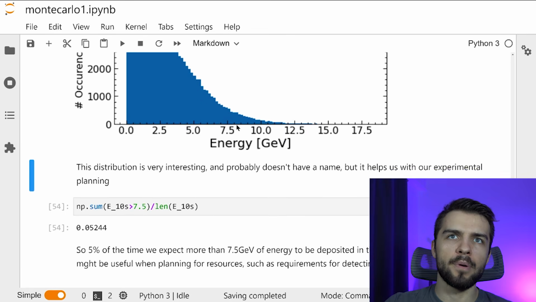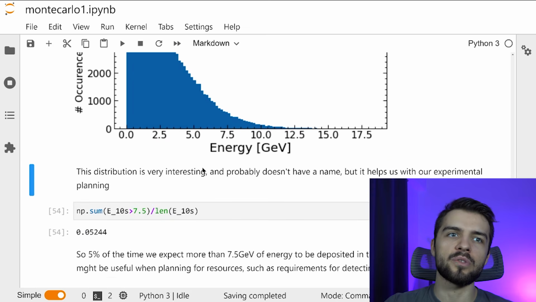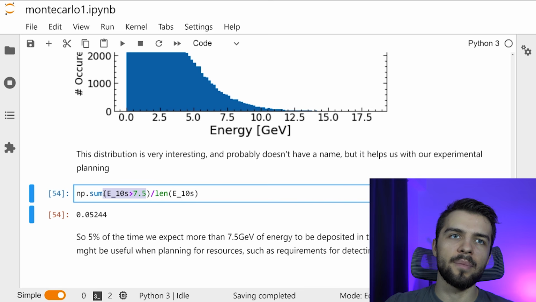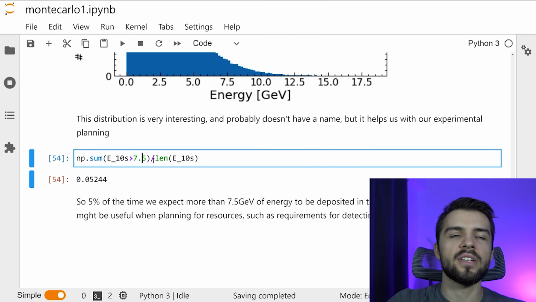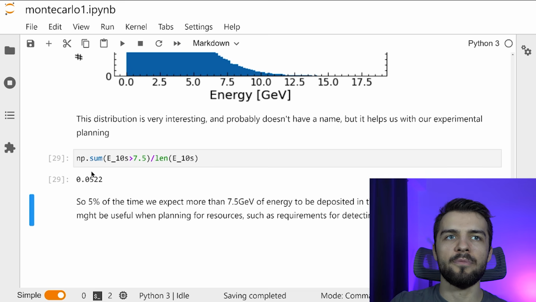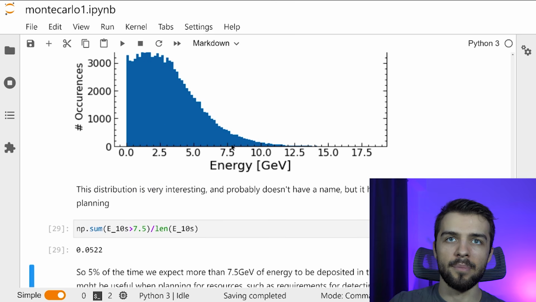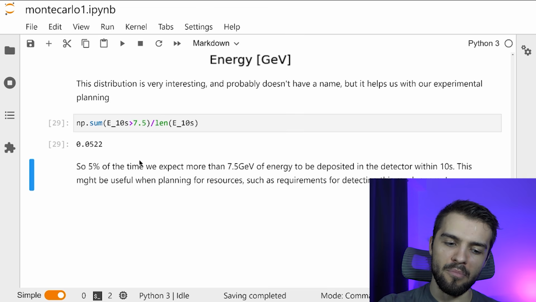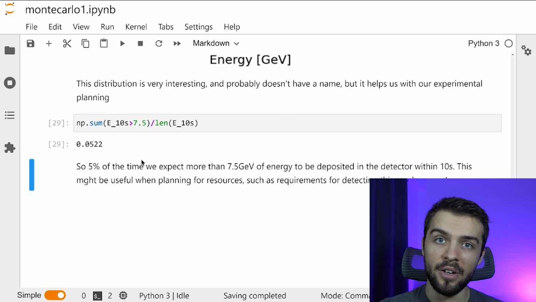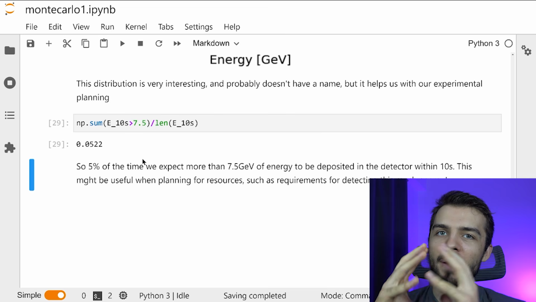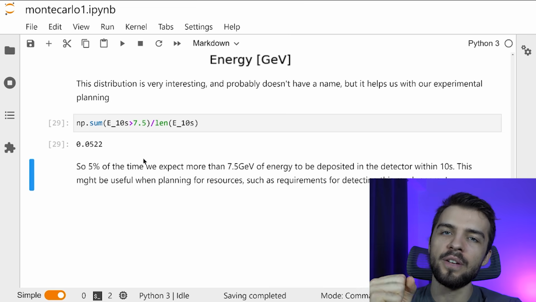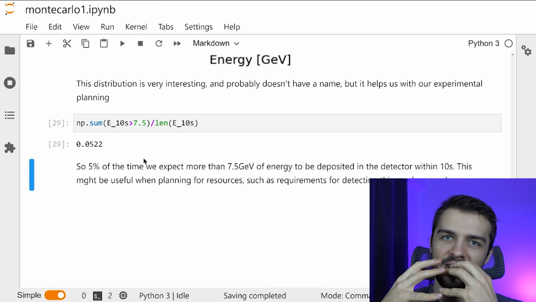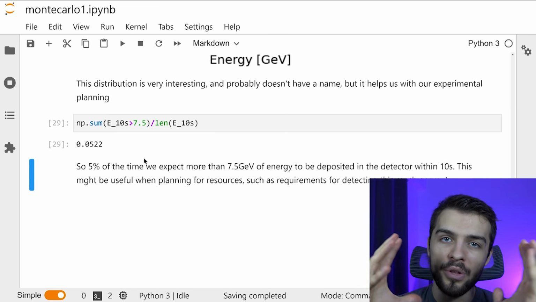So if I look at the proportion, like how much is in this region, I'm just summing up how much of these are greater than 7.5 divided by the total number of events. And you can see that there's about 5.22% of things that are above 7.5. So what it means is that 5% of the time we expect more than 7.5 GeV of energy. And this could be useful when actually planning the materials you need for the detector, what it needs to compensate for, and all things like that.